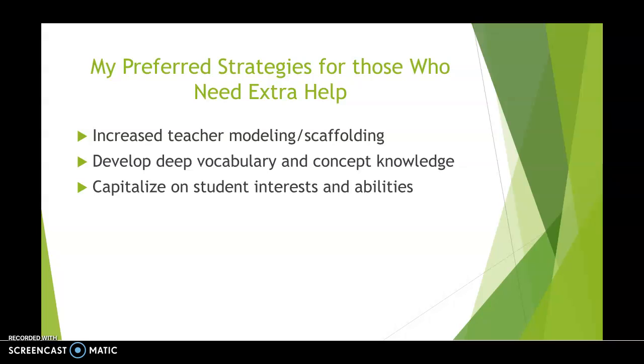And then finally, I would like to capitalize on my students' interests and their abilities. Sometimes when you're having trouble with reading comprehension, or even understanding the text, it would help to pick something that a student knows a lot about already. And then at that point, they know what they're reading, and you can focus on some of the questions, like the QARs that I previously referred to.